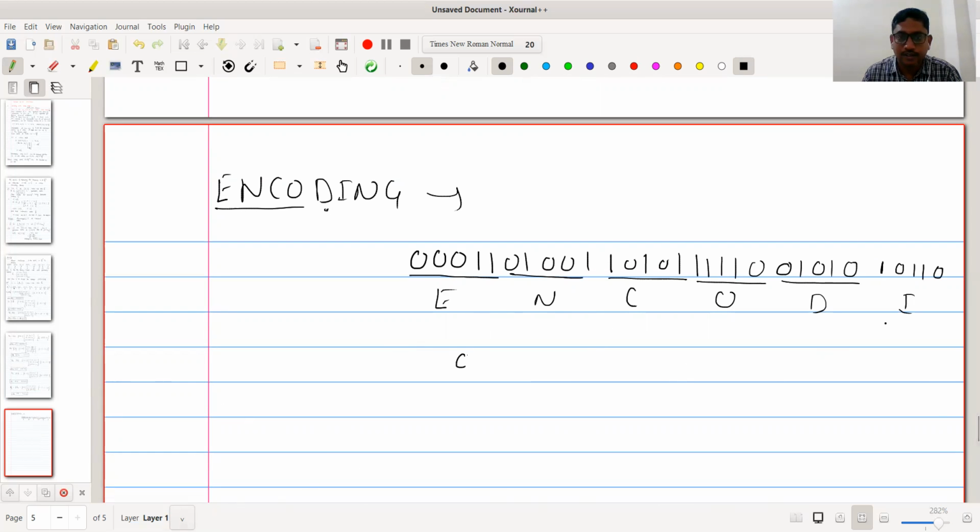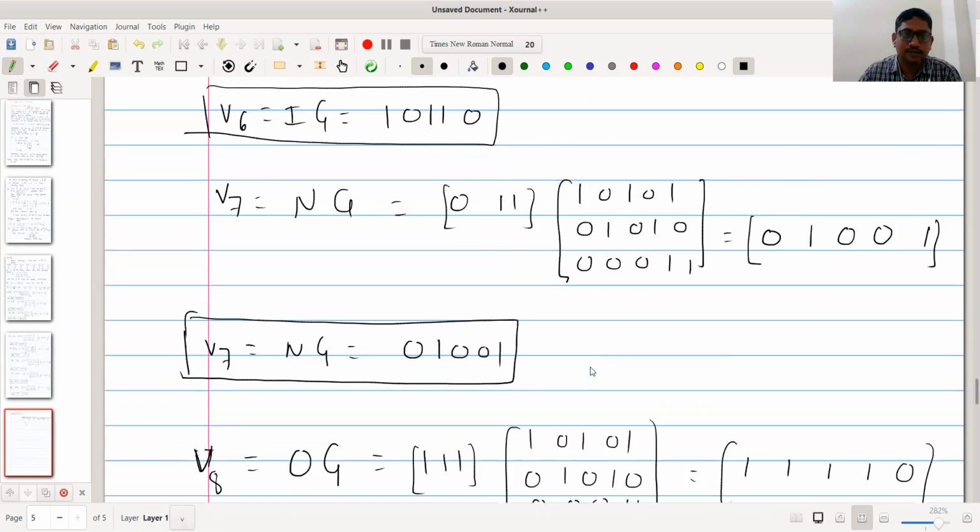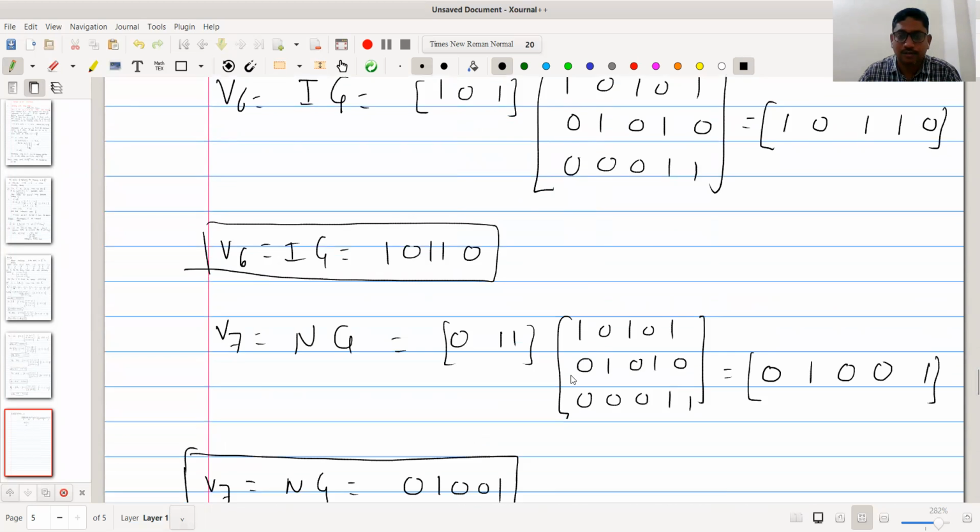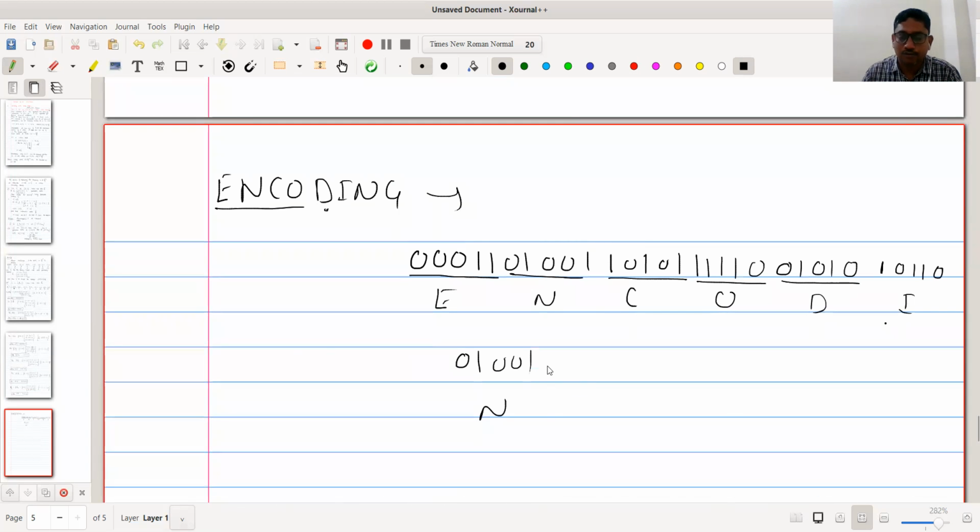We have written here, N is 01001. This is for N. And for G, go back and find this. G into G, we have written, all one. G is all one. So V1 to V8, but only write them in order of encoding. This is the encoding of the message. The message encoding is done here.